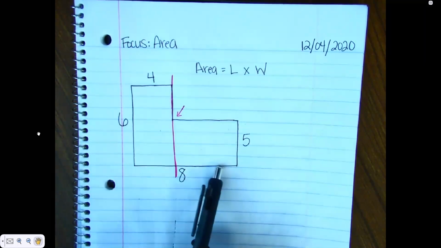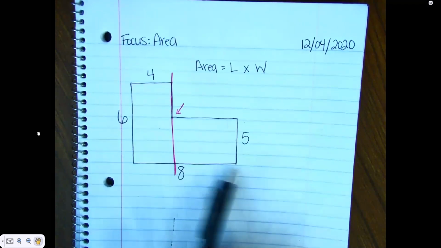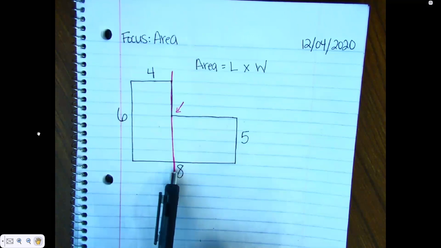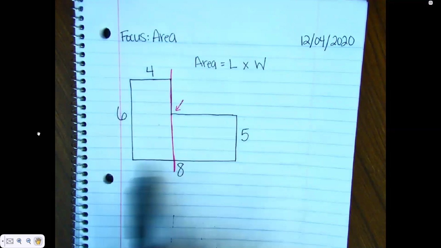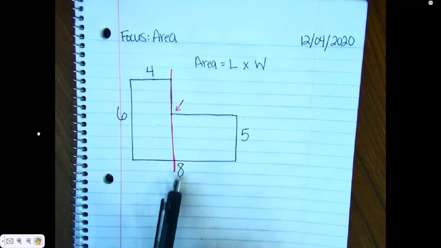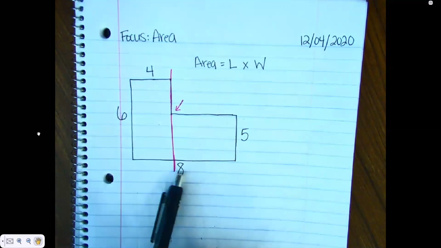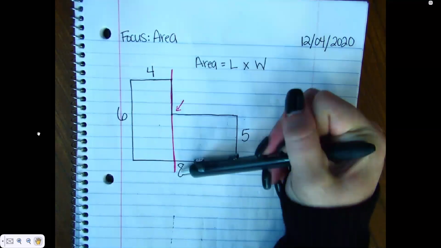This says this whole side is 8. So when I slice this rectangle in half, when I go to multiply my sides, is this whole side, am I going to use the number 8? Sarah, am I going to use the number 8? Because think about it, I sliced my rectangle in half.